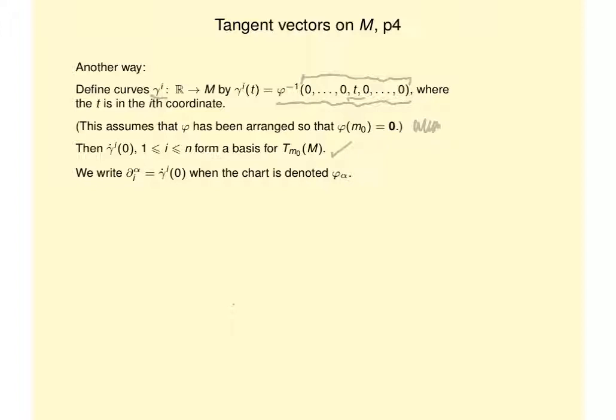So we can prove this independently that they form a basis, but I think it's clear from this description now. So the gamma_i dot at 0 form a basis. And I'll often use this short notation, just a partial symbol sub i with an alpha when we're working with more than one chart, and we've got a chart denoted phi alpha. Okay, so more about tangent vectors in the next podcast, but that's all for now.